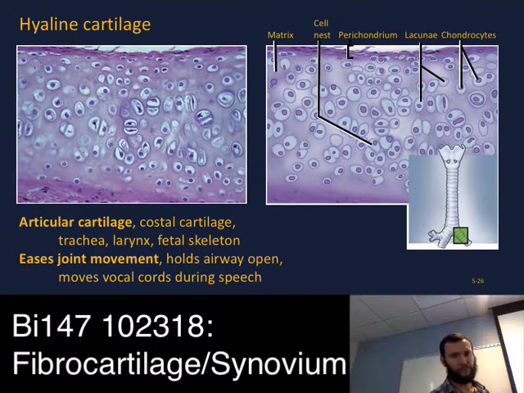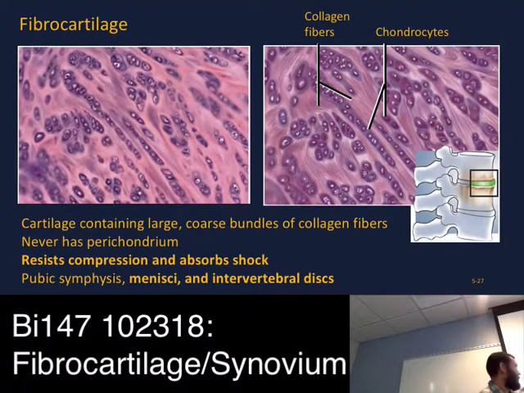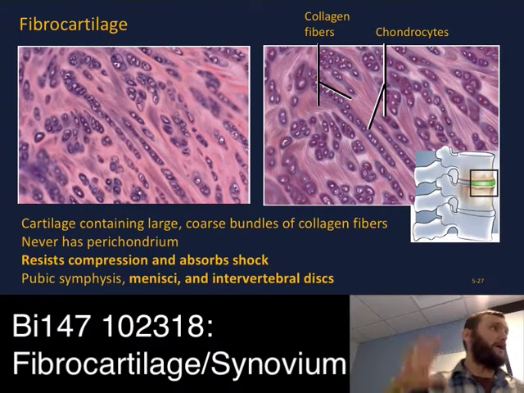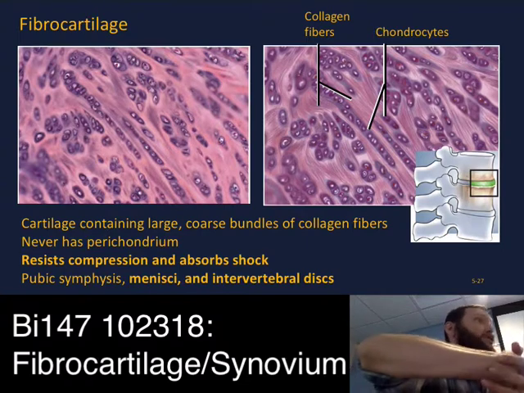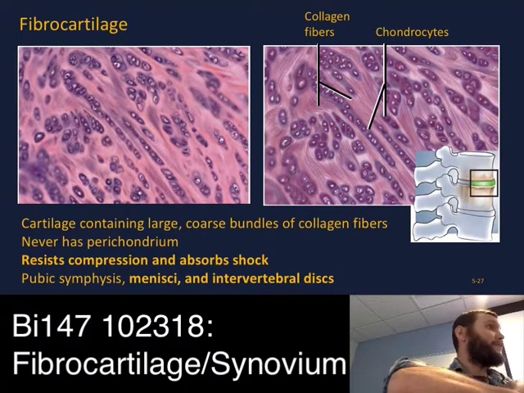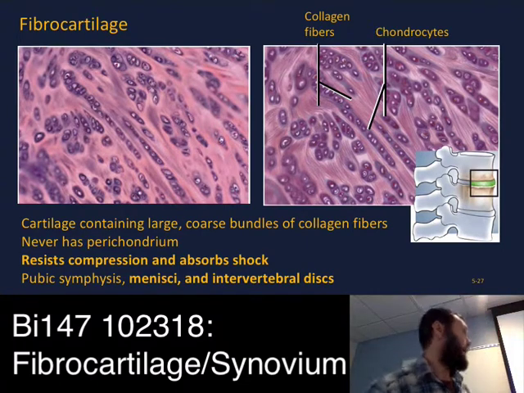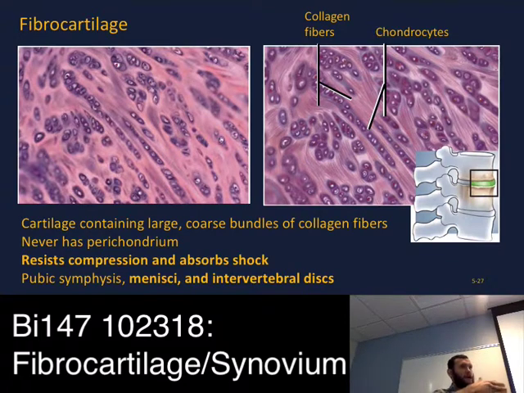Whereas fibrocartilage is not being compressed as much as it's going to be resisting extension. So you're going to find hyaline cartilage in joints where it's getting compressed often, like squeezed, and fibrocartilage is going to be resisting force being pulled, and we'll see where that happens.